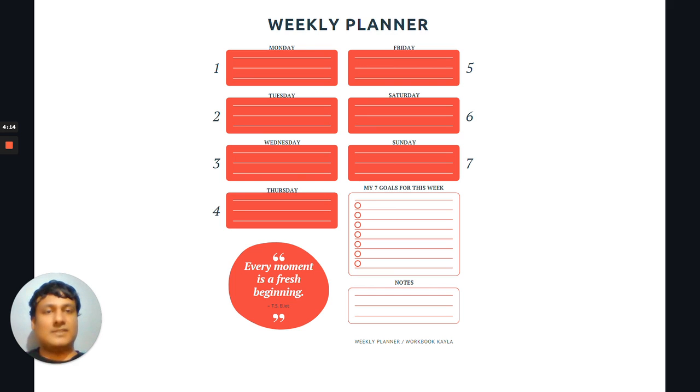Moving on to our next slide, we have a weekly planner running from Monday all the way to Sunday, and again, this is just a guide, so you can write down any goals, any objectives that you hope to achieve by the different days. And as you can see, the second part shows my goals for this week. It says 7 goals. You could have 14, you could have 3, as long as they are realistic and achievable.